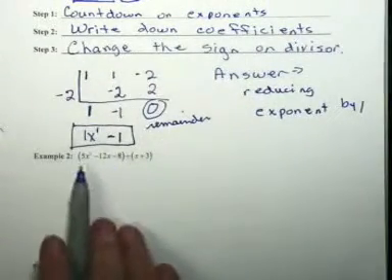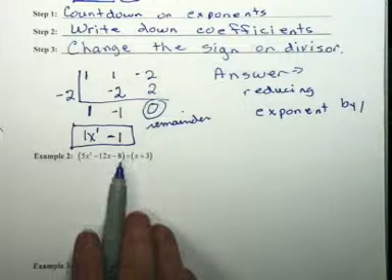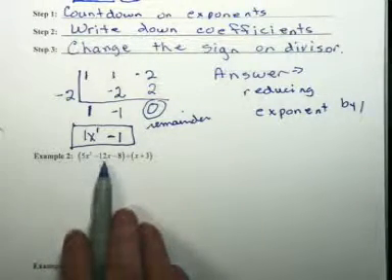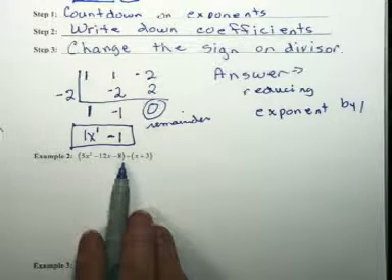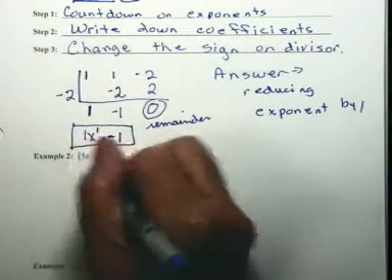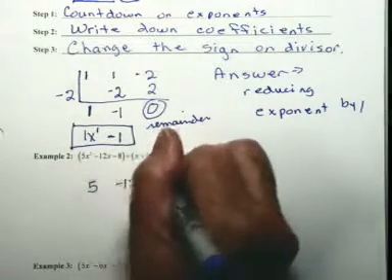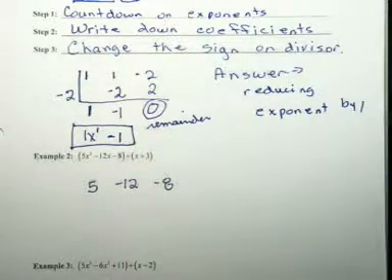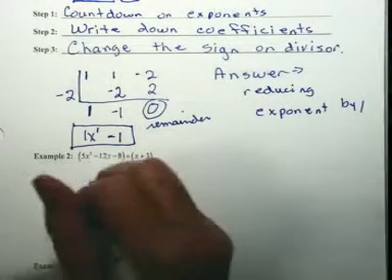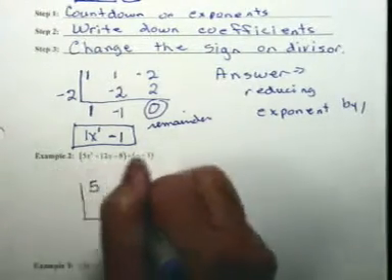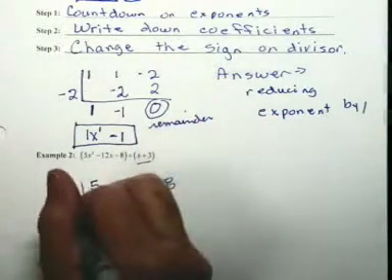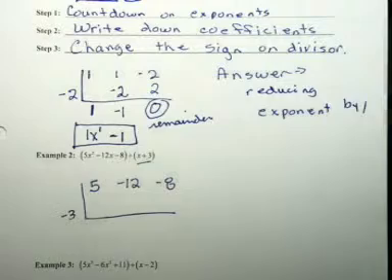Here again, I've got x squared, x, and then no x's. We always do a countdown and it goes 2, 1, 0. We always have to be able to say 0 on the end. So I go 5, negative 12, negative 8. We write just the coefficients after we've done the countdown check. Then we change the sign here, so instead of a 3, I put a negative 3.